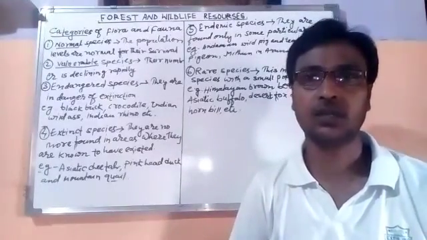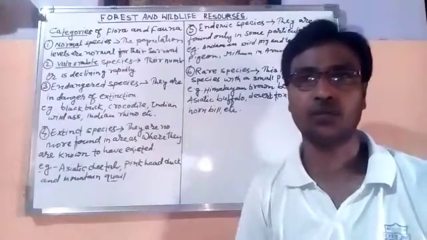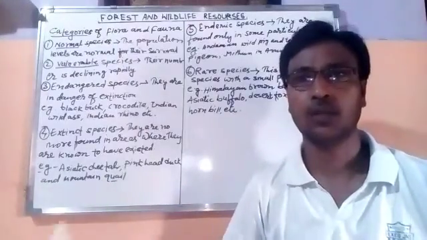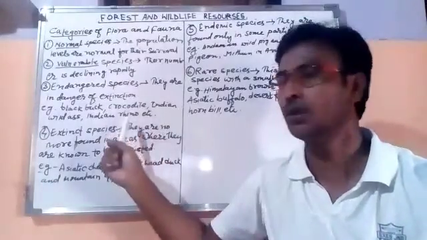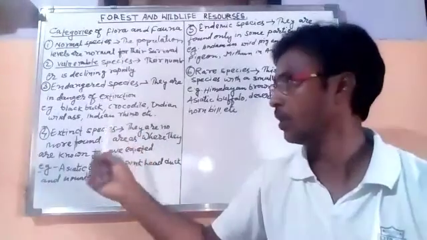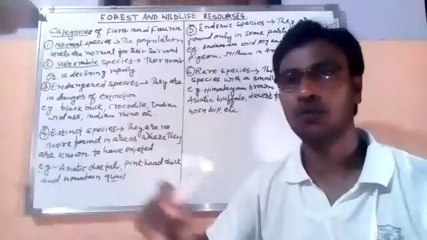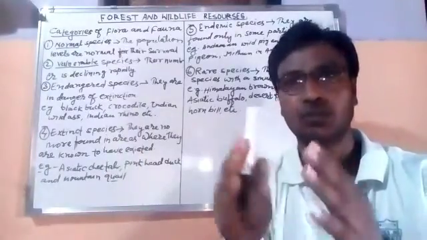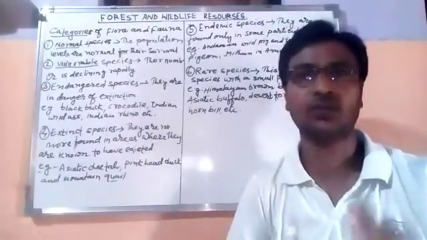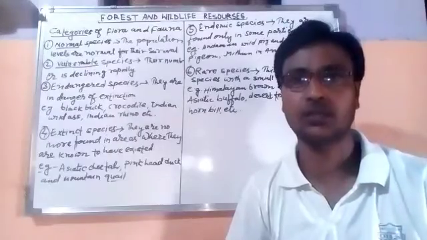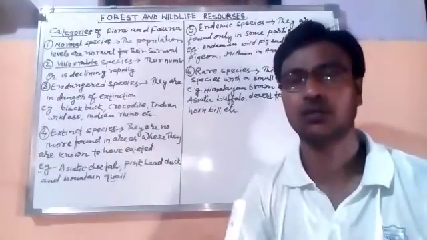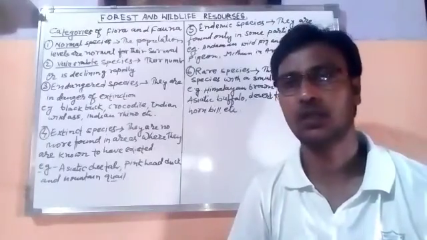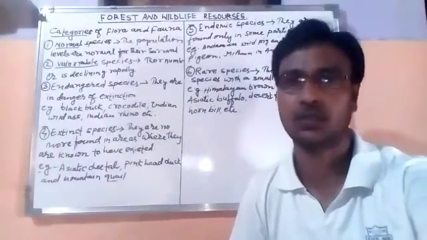We may not say that they are extinct from the whole earth, but sometimes we say they are extinct from the particular area where they were once found. They may be extinct from some areas, from some countries, and sometimes from the whole earth. So you have to understand the meaning of extinction.